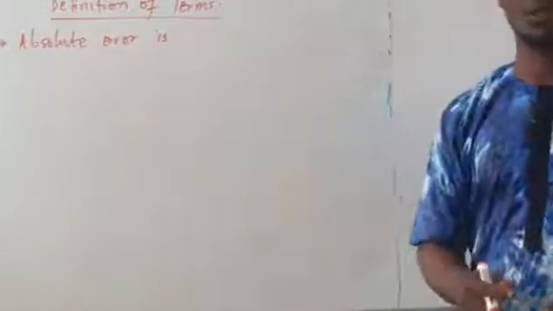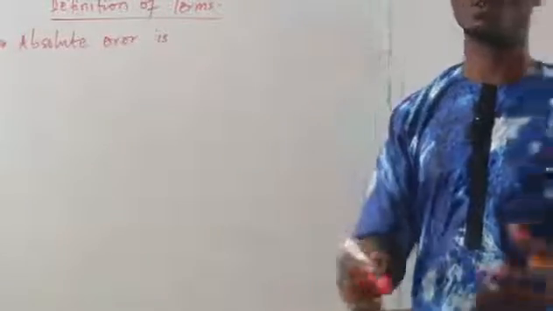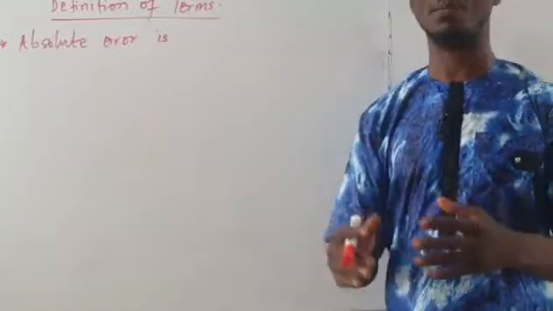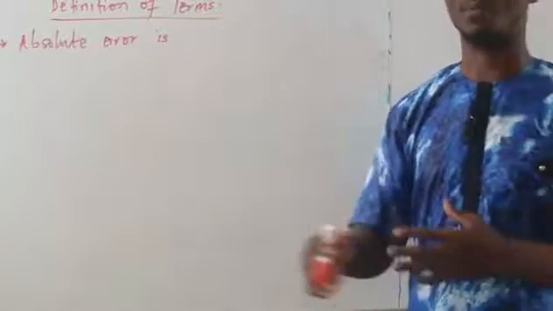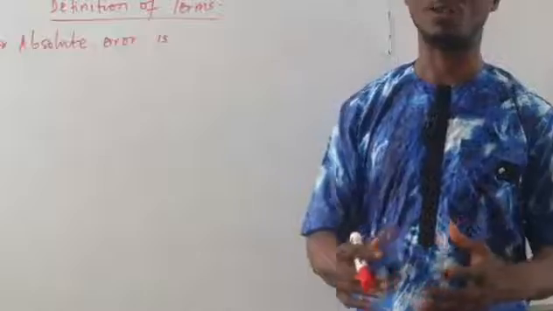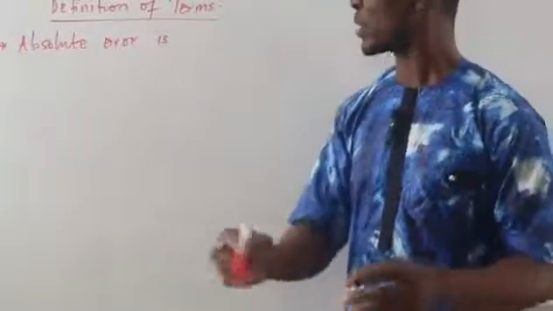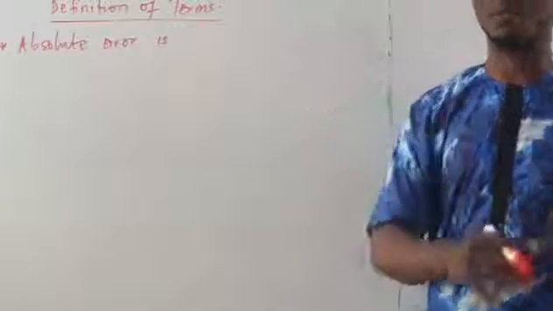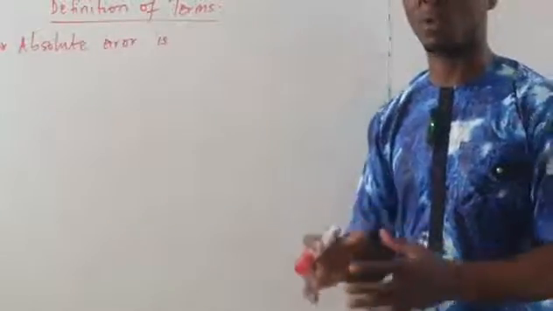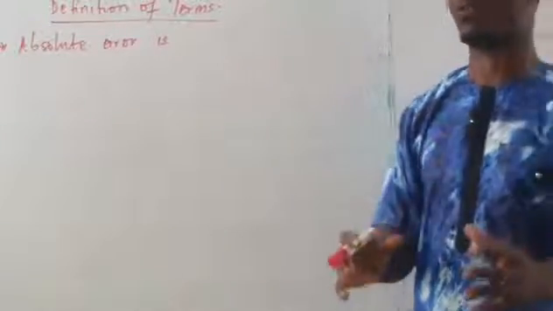Under the definition of terms, I'm going to look at absolute error. And what is absolute error? Absolute error simply means the difference between the measured value and the actual value, or true value. So I'm going to write that.